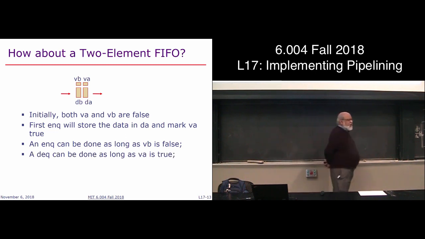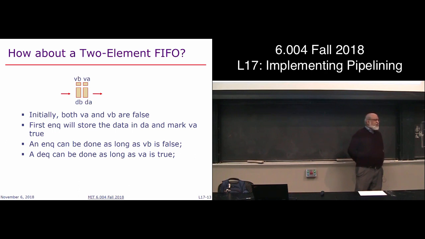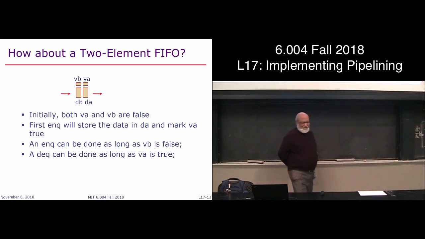And DQ can be done as long as there is something in the DA stage. So if we have a two-element FIFO, that means that if it's initially empty, then the first thing we NQ will go to the first spot, and then the second thing will go to the second spot. I haven't clarified that yet. Right, because the description is saying you put the data in DA first and mark VA as true, but no, DB first.